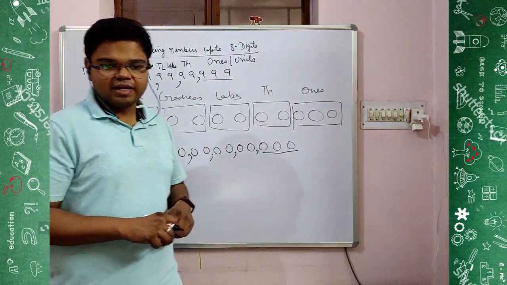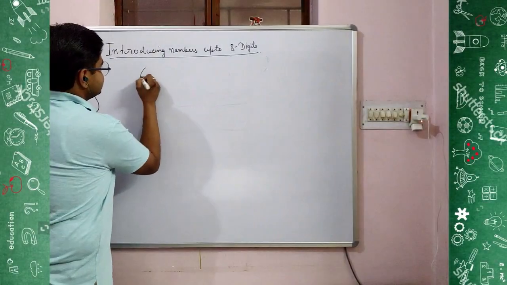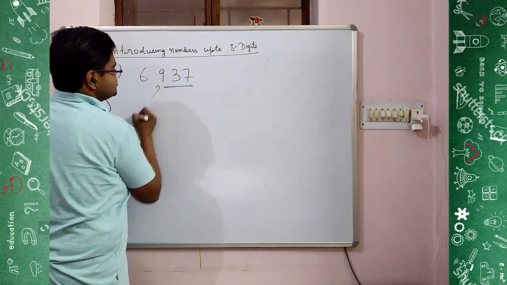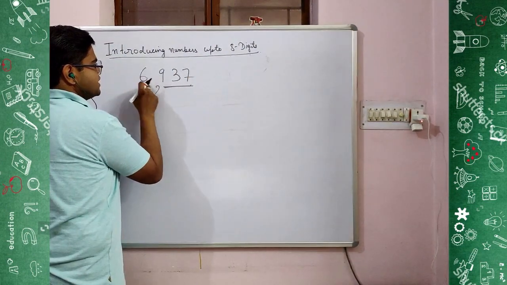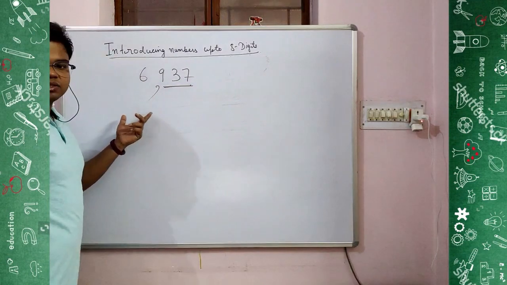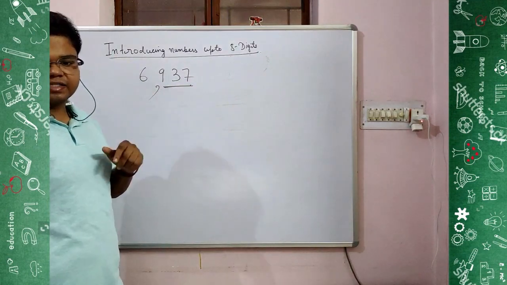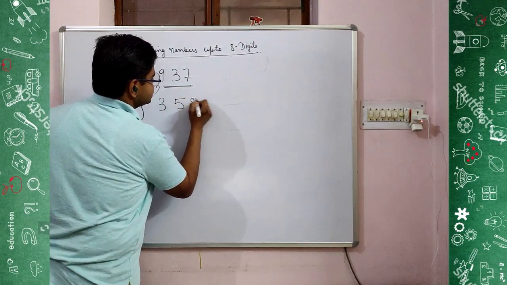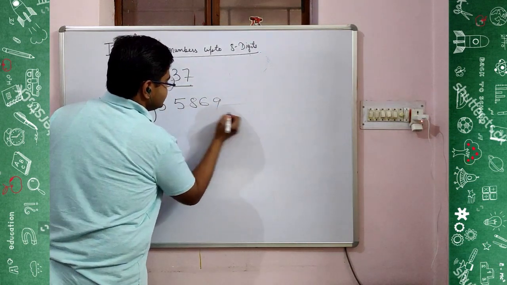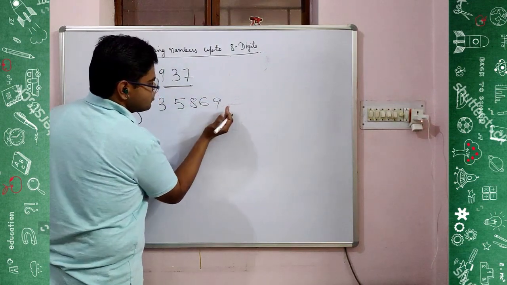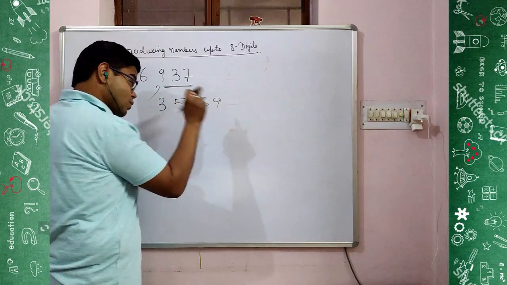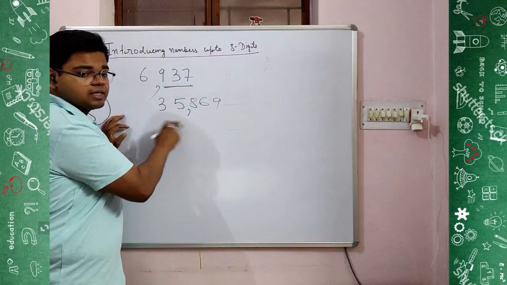Okay, children. Let us take some examples. Suppose I have a number 6937. These three are your ones period, so it will be 6,937. If I look at some other number, 35869, the first three digits moving from right to left are your ones or units period, and this is your thousands period.